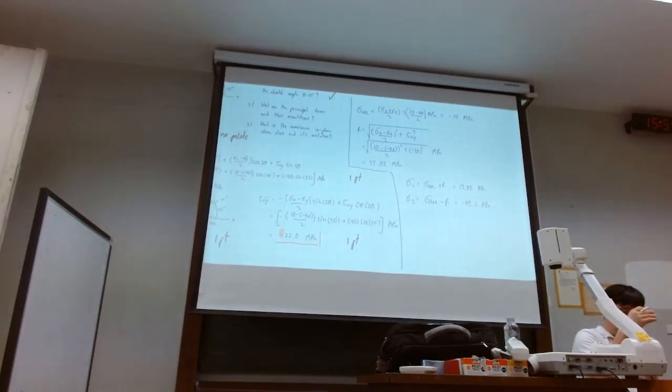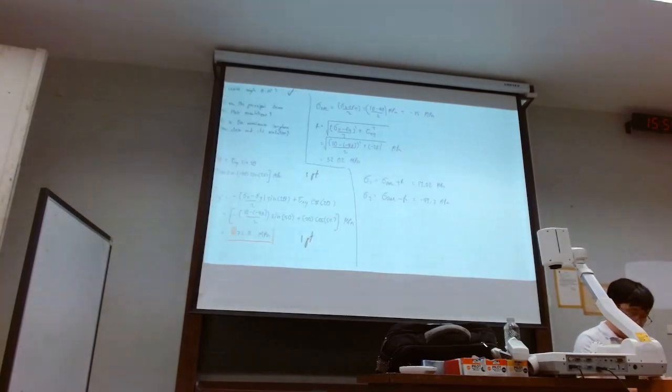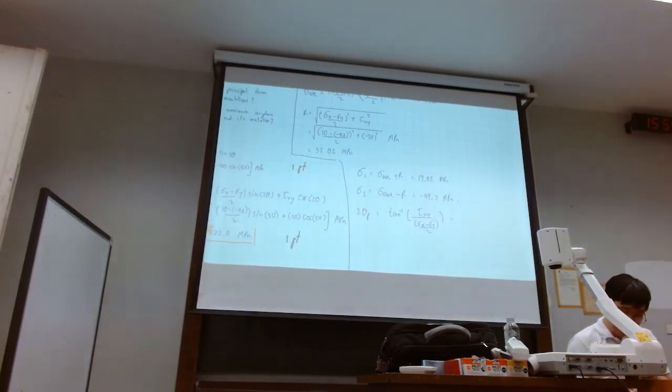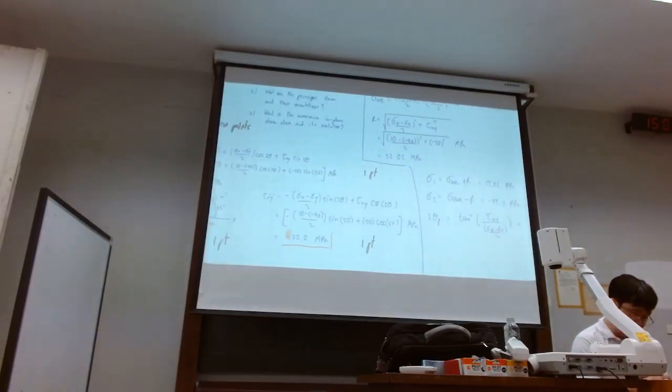Now the fact is we know those two, we need to know the theta p. So for 2 theta p itself, if you don't remember, then you have to do the differentiations again. And if you do remember, tan 2 theta p is tau xy over sigma x minus sigma y over 2. Tau xy is minus 20, sorry.